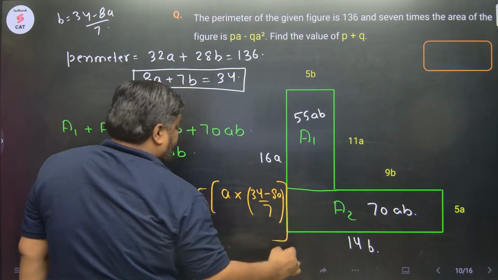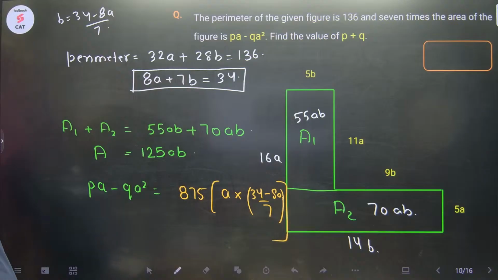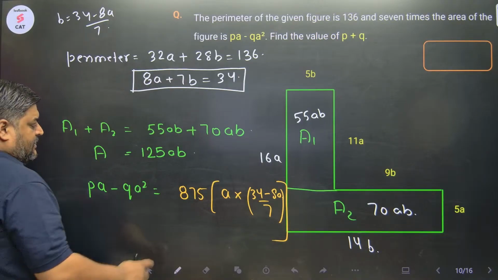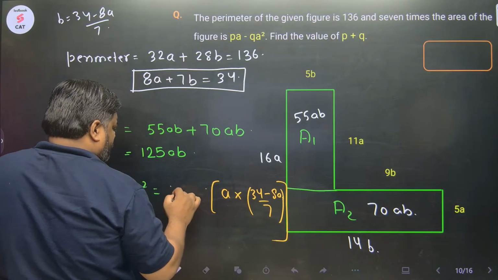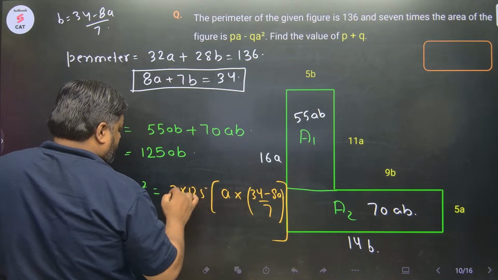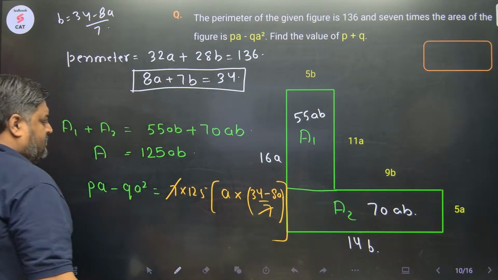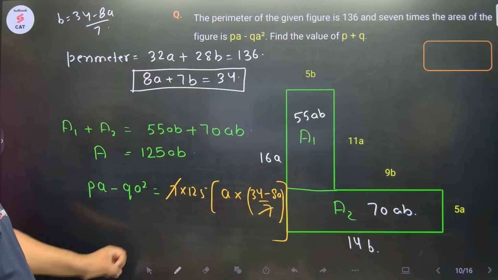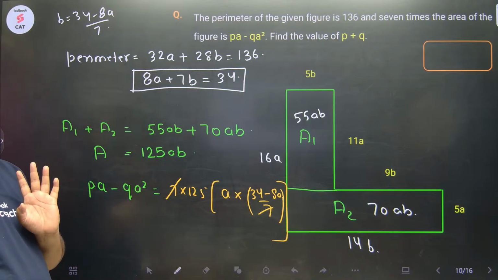I don't need to multiply this as well; 7 and 7 will automatically cancel out. How could it be 7 times?